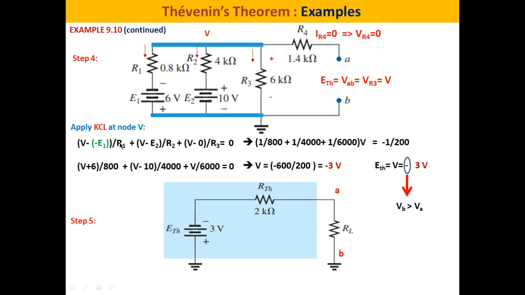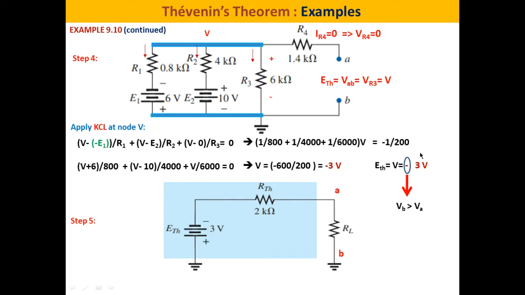If we replace these parameters by their values, we will group all the terms that multiply V, which is 1 over R1, 1 over R2, 1 over R3, which is 1 over 800 ohms plus 1 over 4,000 ohms plus 1 over 6,000 ohms, times V, and minus E1 divided by R1 minus E2 divided by R2.